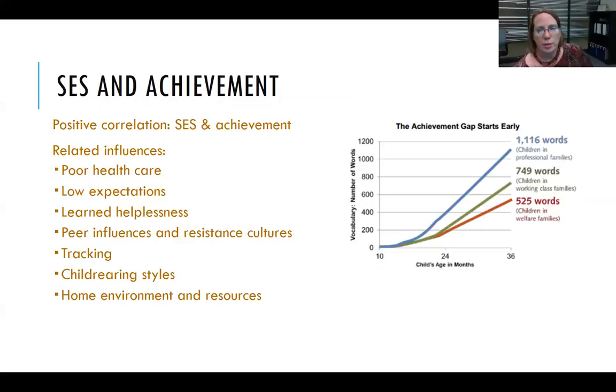Peer influence and resistance cultures. So it's this idea of, well, I live in Cabrini Green, which is a housing development for the poor, right? So I live in Cabrini Green, and everybody I know is poor, and the upper class takes advantage of us.